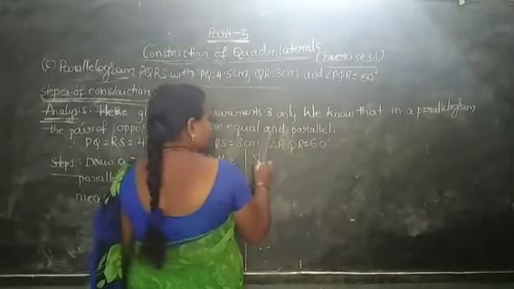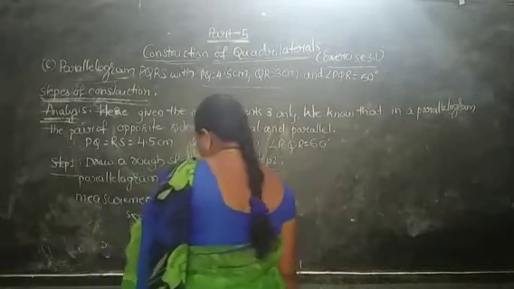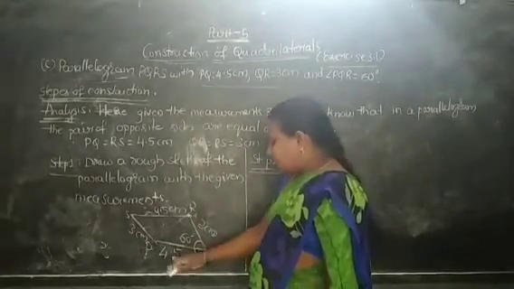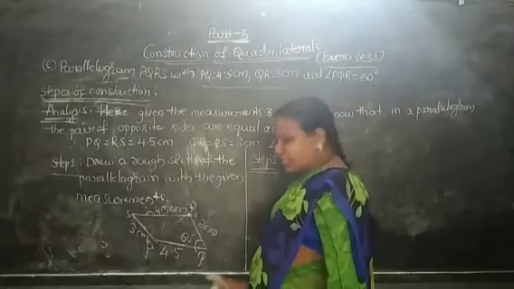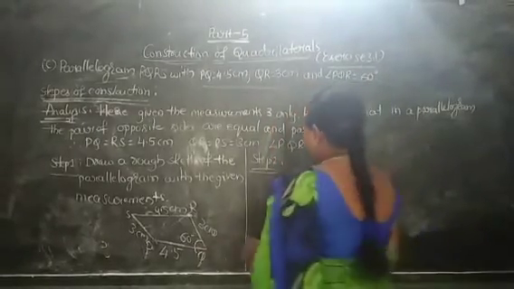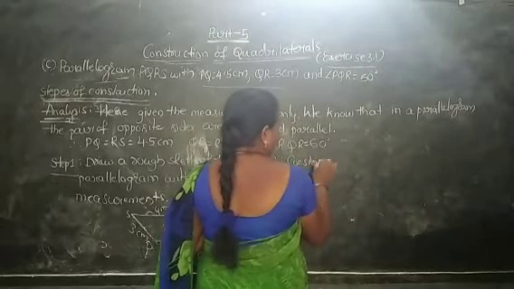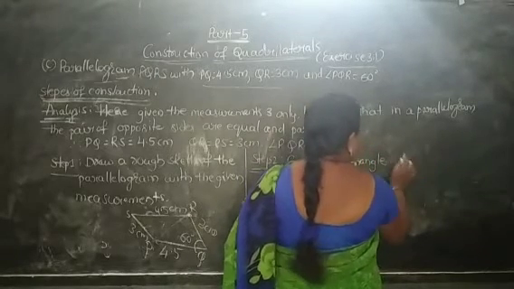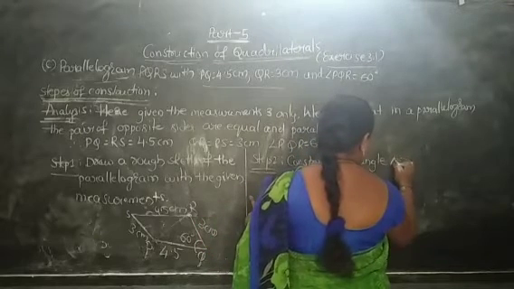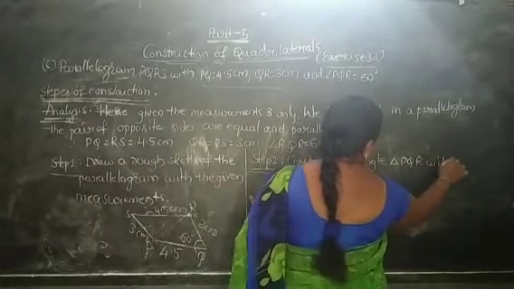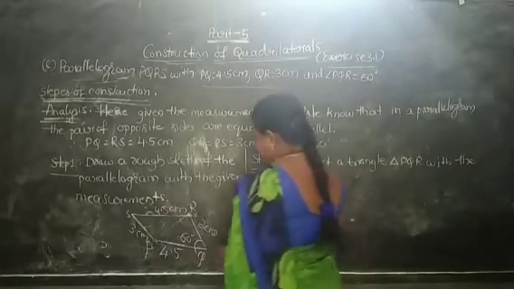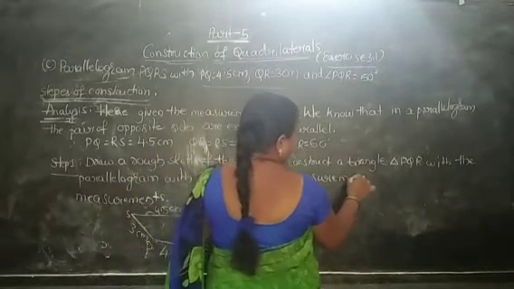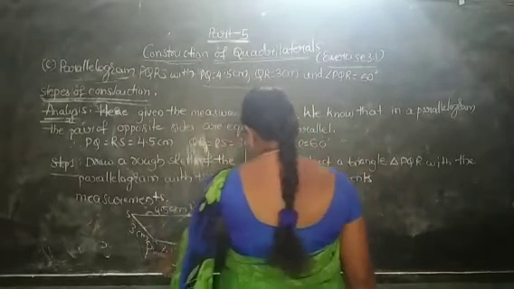And step 2. Construct a triangle PQR with the given measurements.